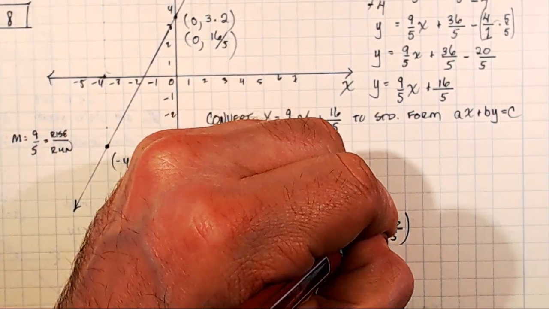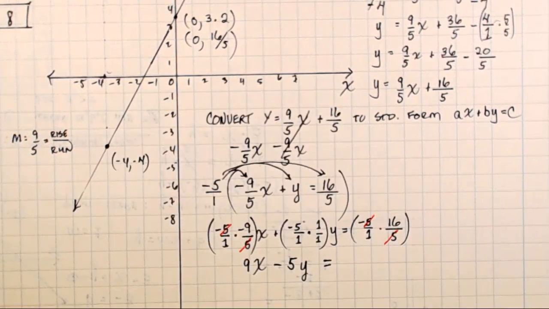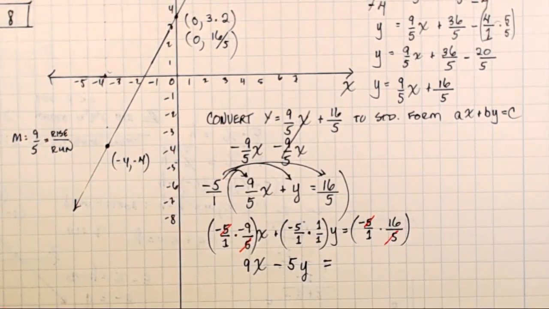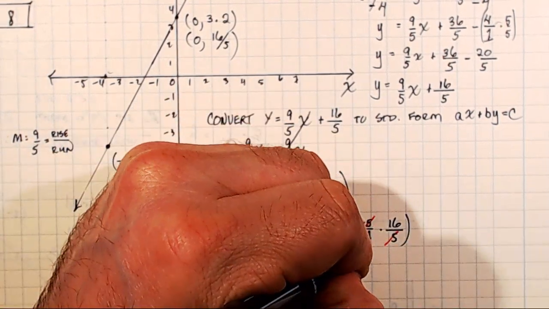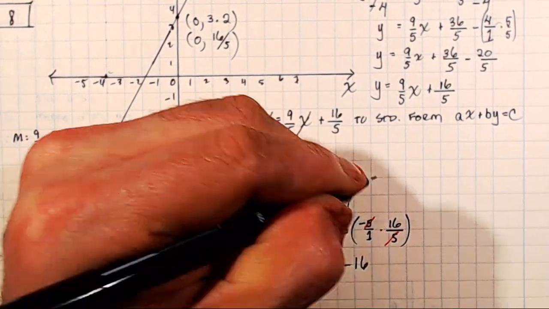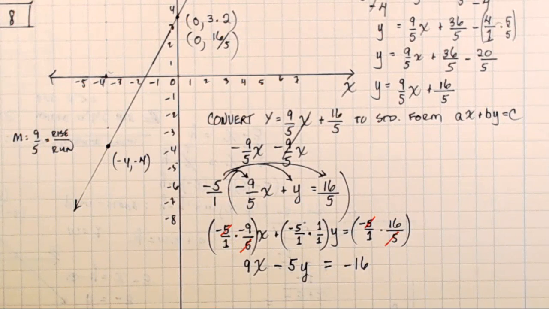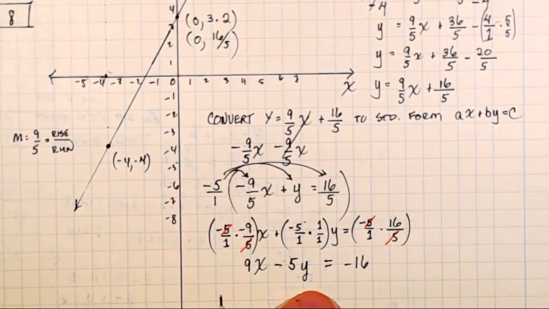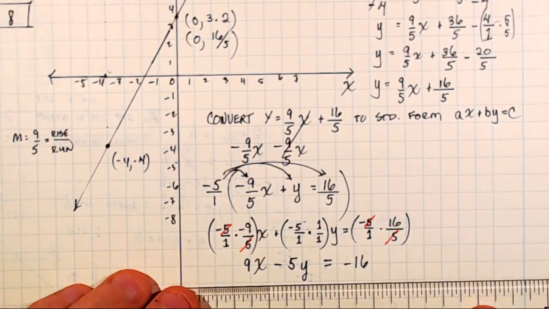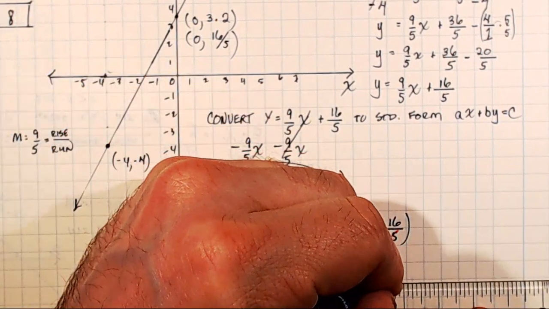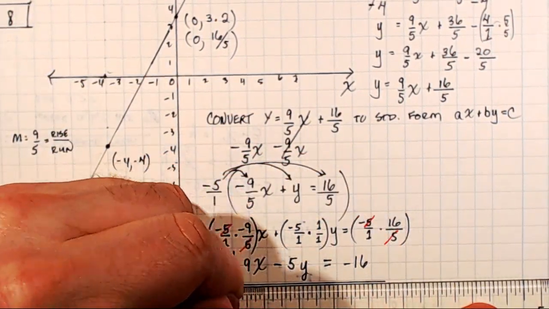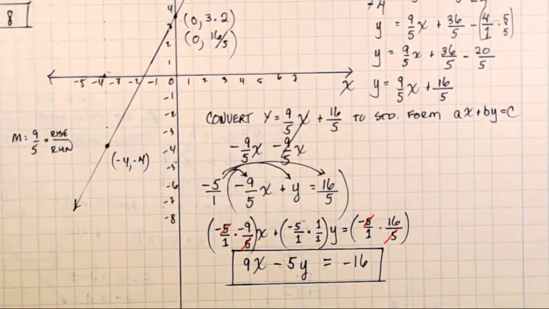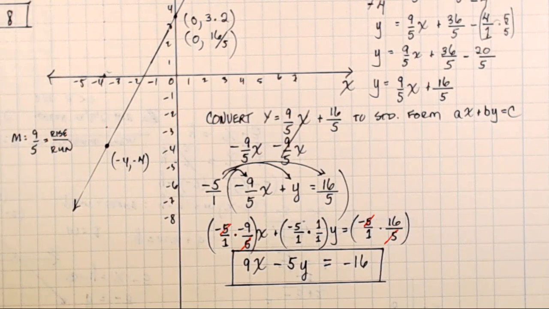I'm left with a negative times 16 over 1, in other words, minus 16. You might need to pause the video and go back and look at that again. This process takes a little bit of getting used to, but this looks like the simplified standard form of the equation. That one was kind of fun because we actually had to think about it.